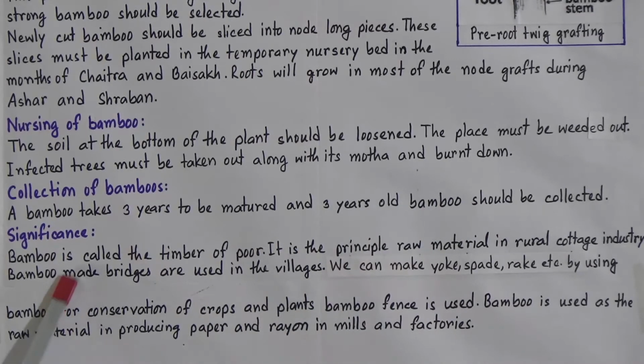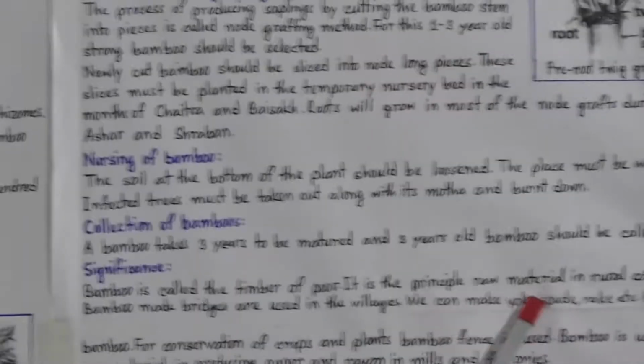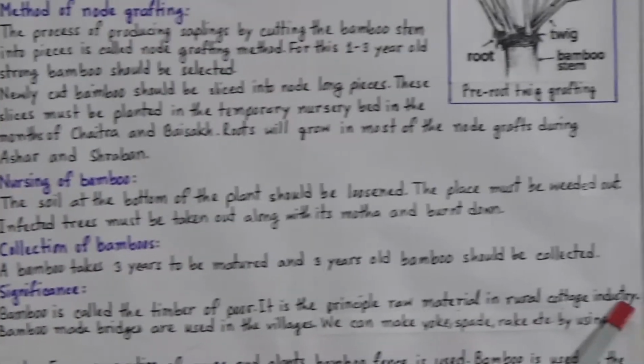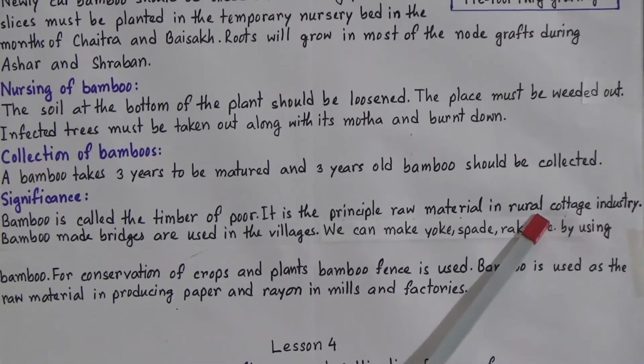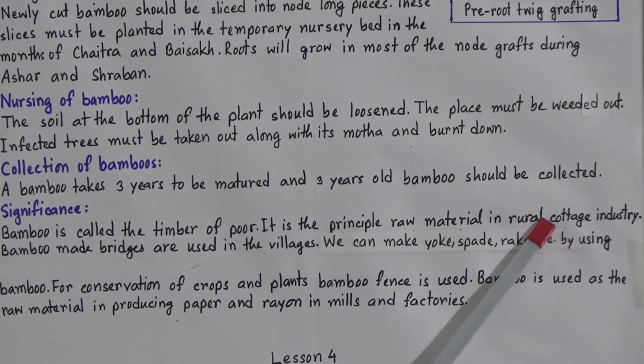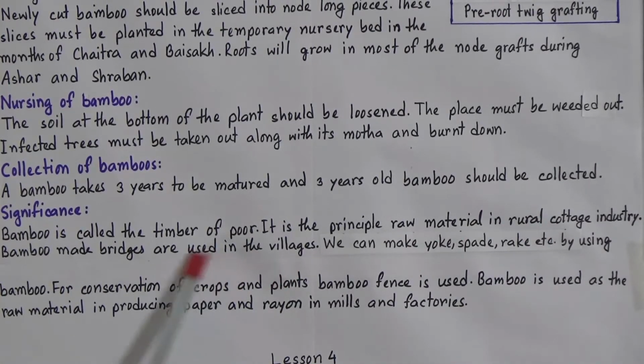Now the significance of the bamboo. Bamboo is called the timber of the poor, because poor people use it to build their houses, and it is the principal raw material in rural cottage industry. By using bamboo, we can make baskets, polo, hats, etc. And bamboo bridges are used in the villages.